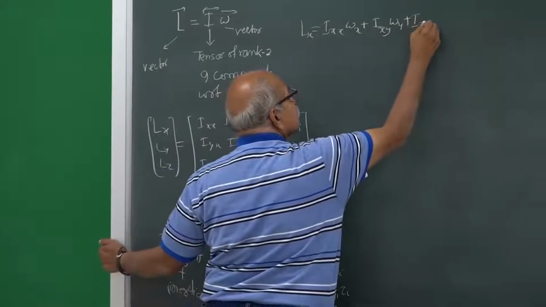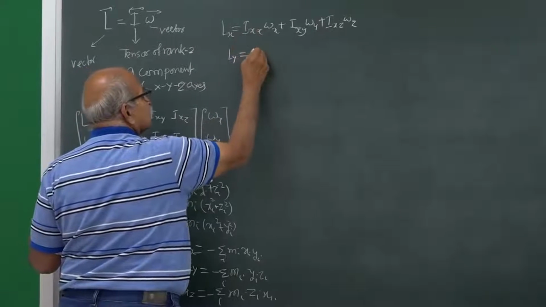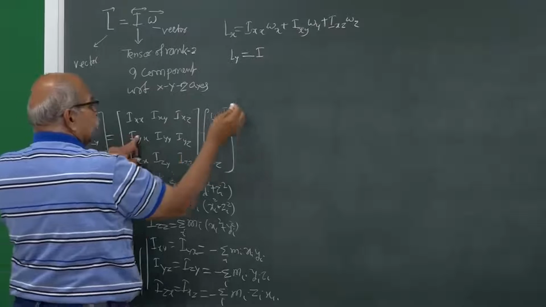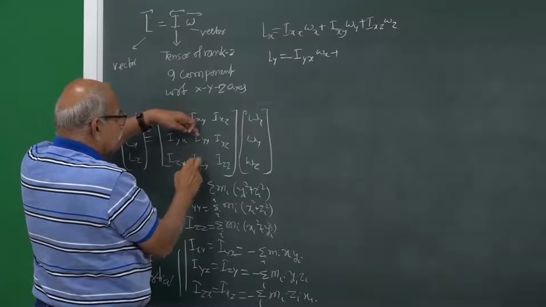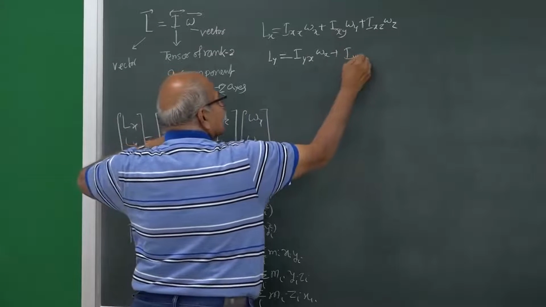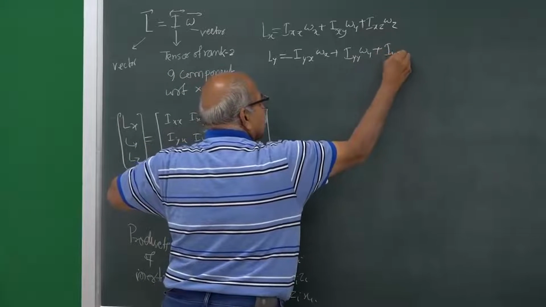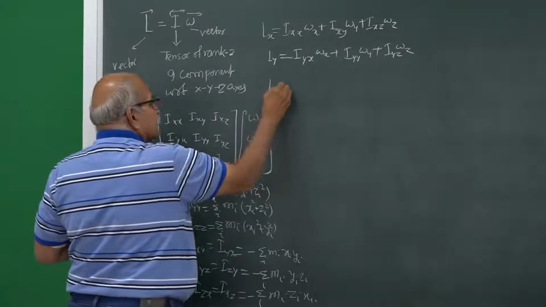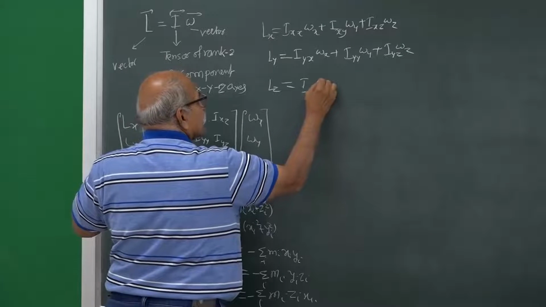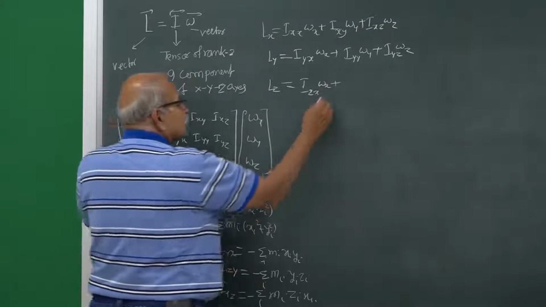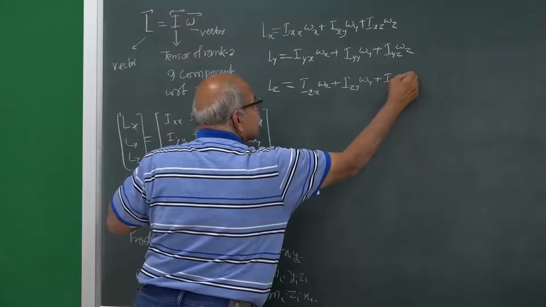Similarly L y will be I yx omega x plus I yy omega y plus I yz omega z, and L z will be this row, so I zx omega x plus I zy omega y plus I zz omega z.